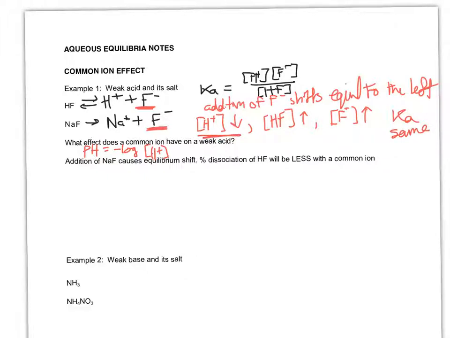And so my pH would increase. Go up, meaning that it's becoming more basic or less acidic. So adding a salt with a common ion to an acid will decrease its acidity, and so it will increase the pH.